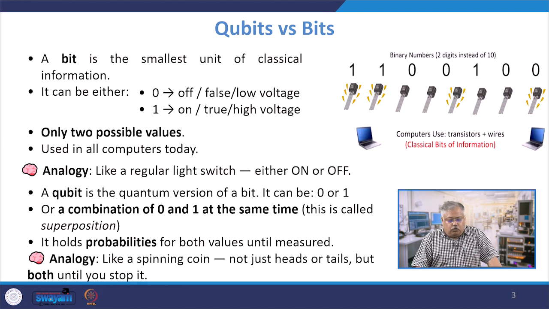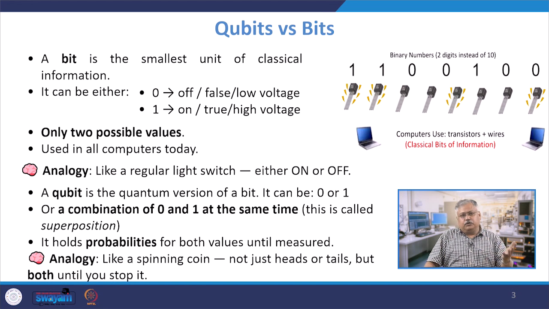A bit is of course the smallest unit of classical information. If you look at your digital electronics course from your first year bachelor's UG program, a bit is represented either as a 0 or a 1.